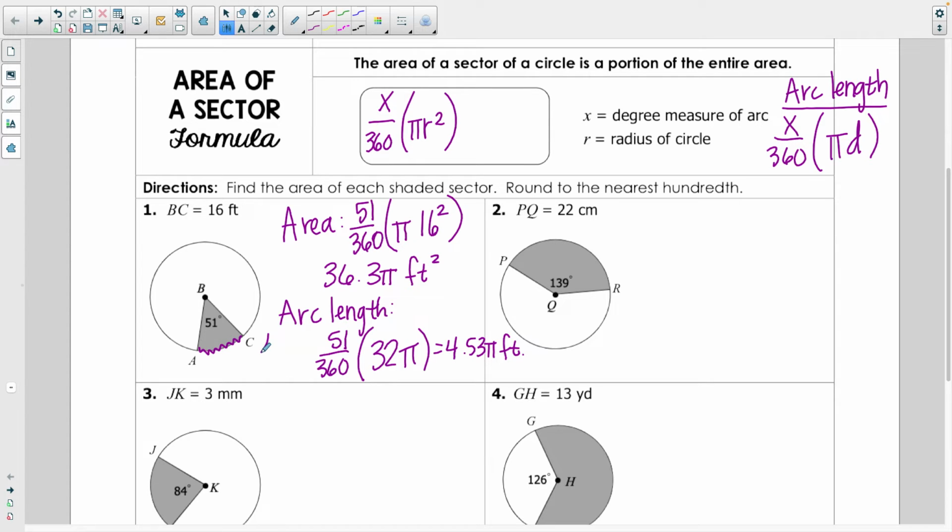All right, so I want you to do number 2. I want you to find the area of the sector, and I want you to find the arc length. We're going to check this and do one more problem today.